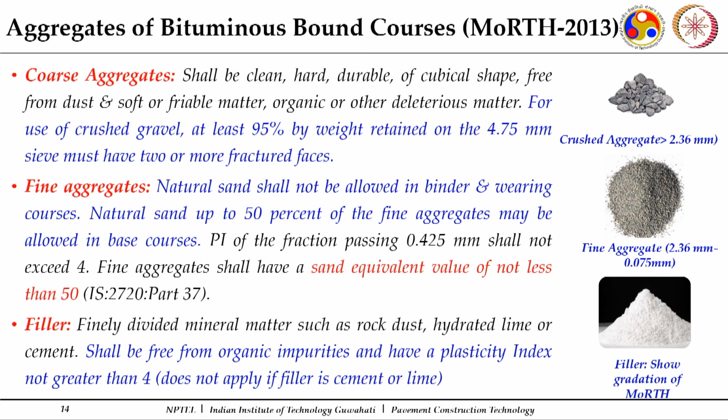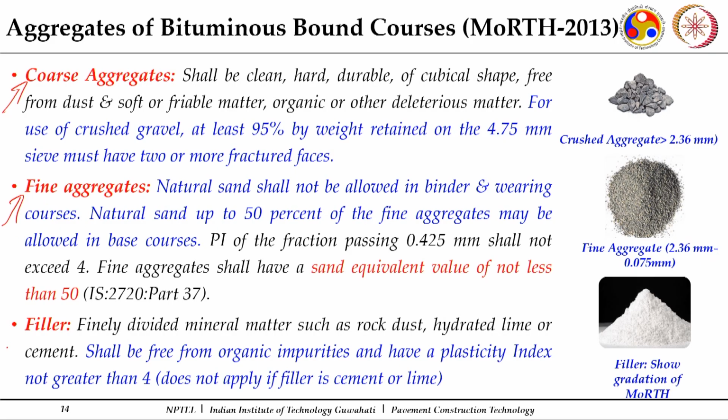standards available. Now, first of all, when we are looking at the aggregates from the bituminous bound aspect, the coarse aggregates, fine aggregates, and the filler are the 3 proportions which we have discussed. There also we discussed that when we are using any crushed gravel, at least 95% by weight retained on 4.75 mm should have 2 or more fractured faces.